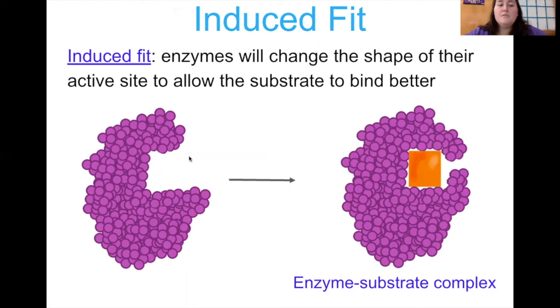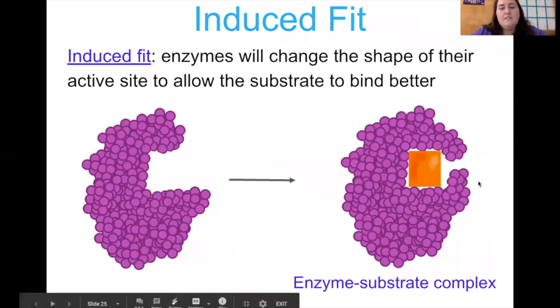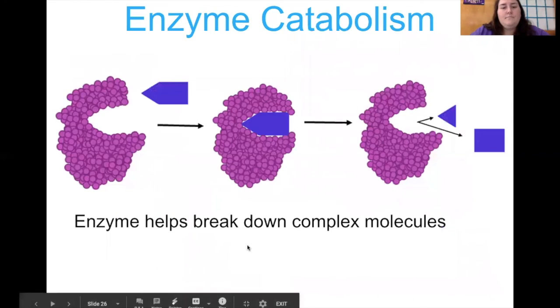An induced fit just means that enzymes will change their shape to allow the active site to bind the substrate better. It will allow a square substrate to come in, but it's going to change its shape to lock it in place, or induce the fit. Next, enzyme catabolism.